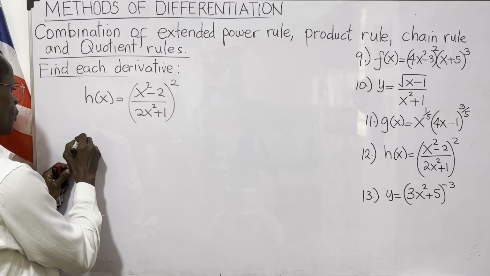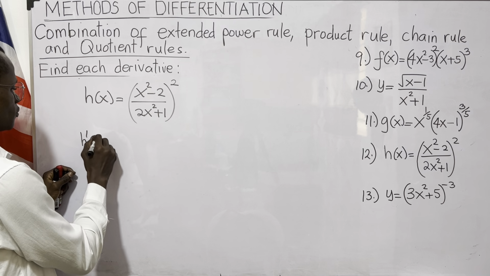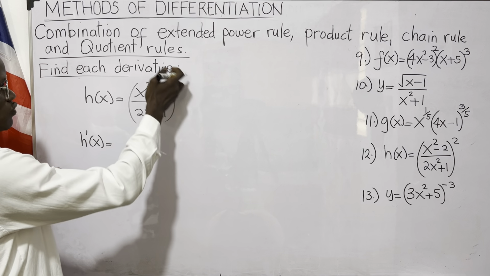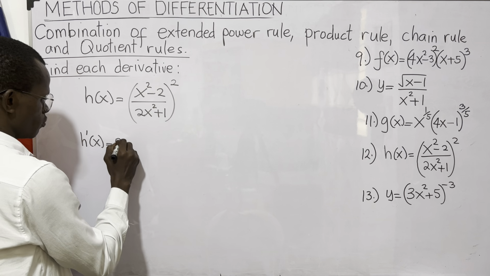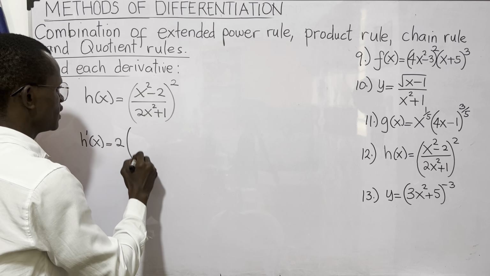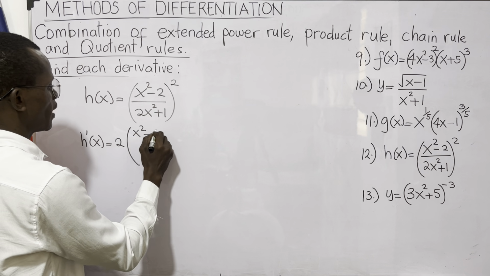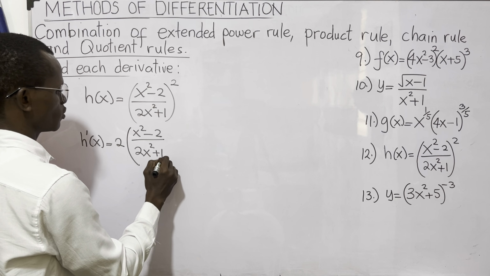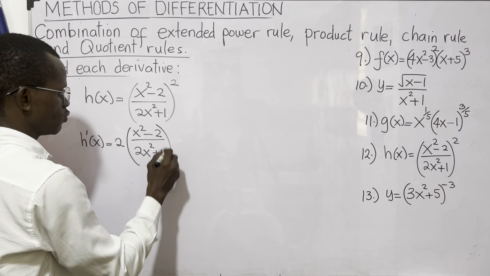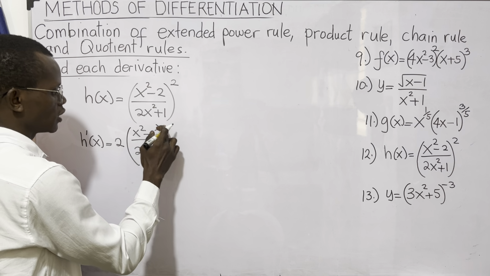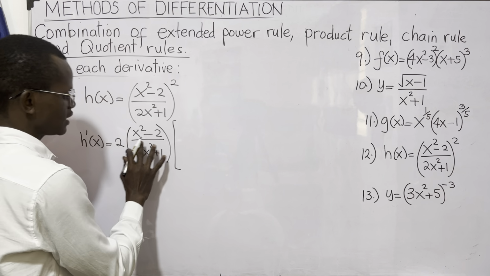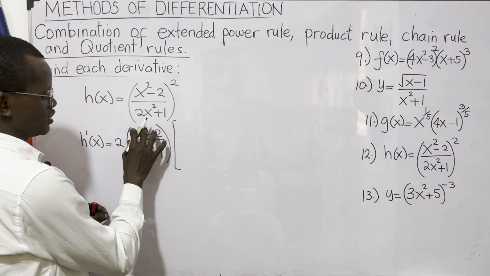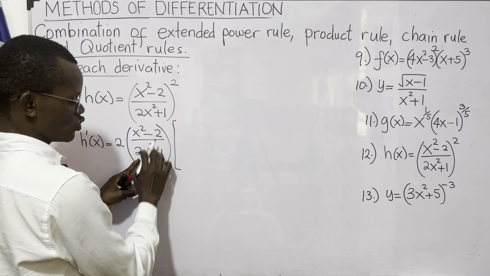That is h prime of x. We drop this power, bring 2 down. We rewrite this expression x squared minus 2 divided by 2x squared plus 1. We subtract 1 from the power, we are left with 1. Then we differentiate inside. So the derivative of what is inside, we use the quotient rule.